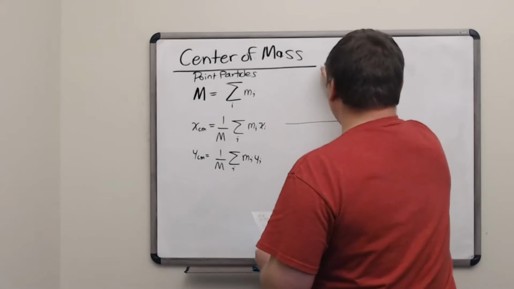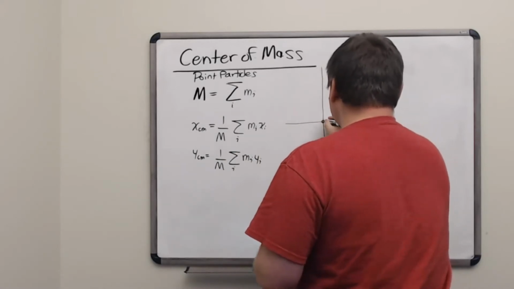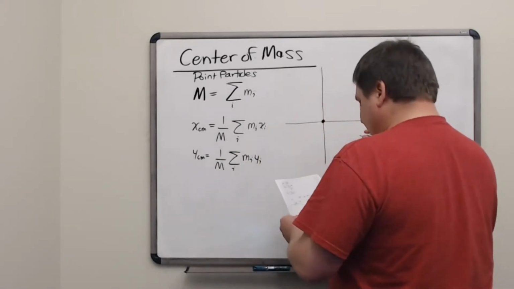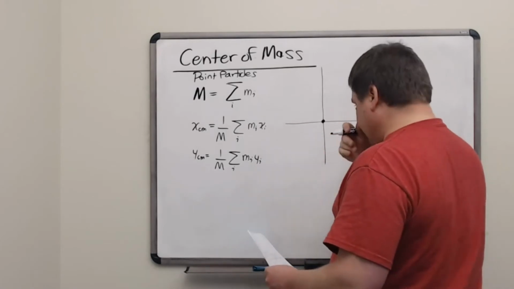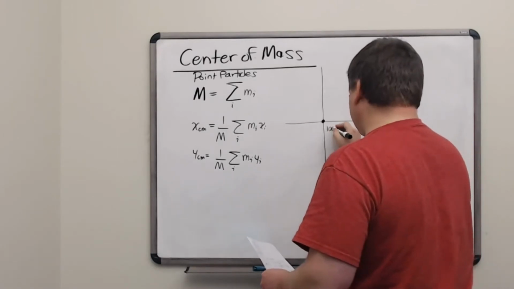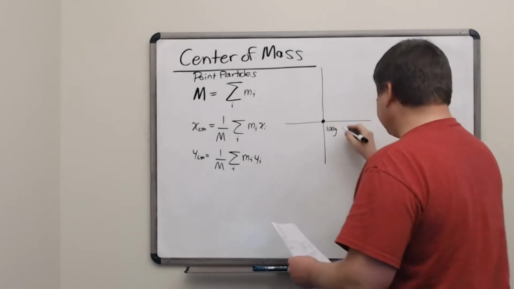We'll need to know the coordinates of each piece or each point and its mass. Let's set up a system where there is a 100 gram mass at the origin.